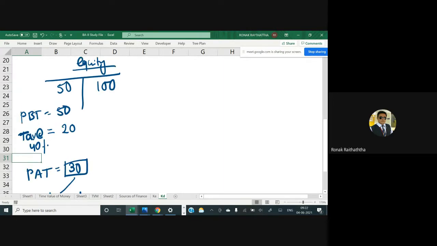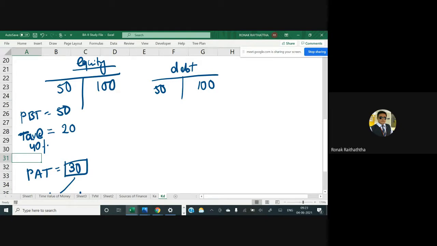Let's take the second example where instead of equity, you have issued debt as a source of finance, or you have taken loans and borrowings from the bank. Other things remain constant, 100 rupees of revenue, 50 rupees of all the costs. Now here, the cost also includes the interest you pay on that debt, right?